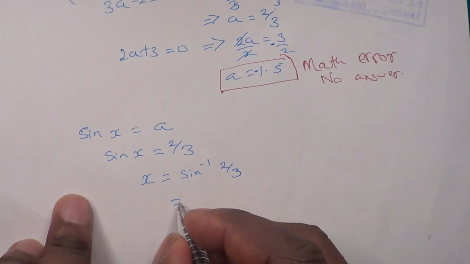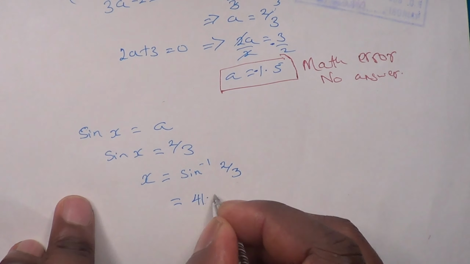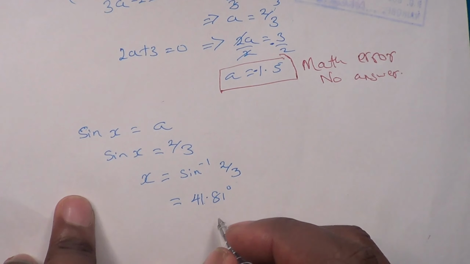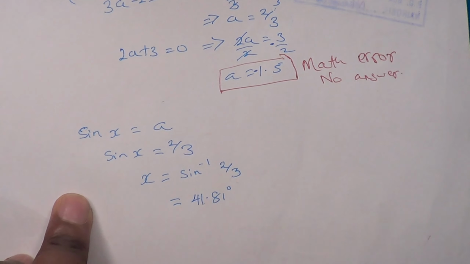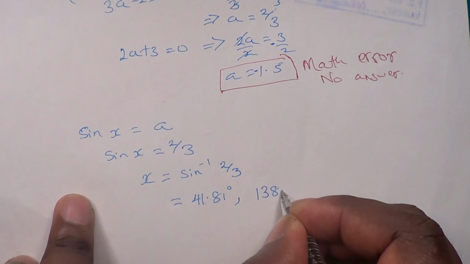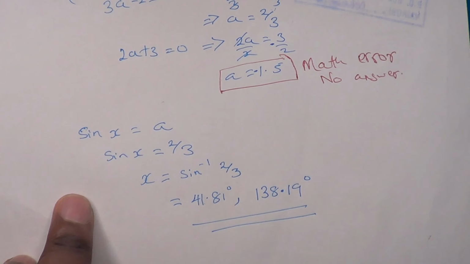That is the sine inverse, it will be 41.81 degrees. Then we need to satisfy the equation. Another x will be 138.19 degrees, and that is the answer.